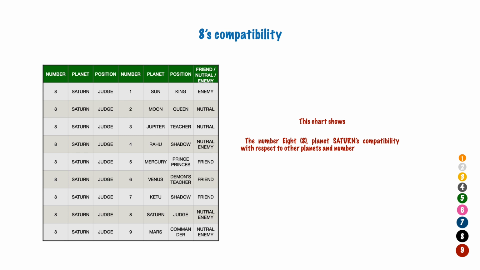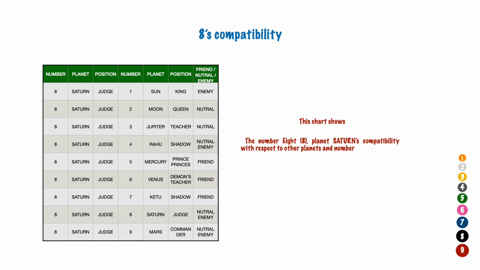Number 8 and number 8, very interesting. Could be neutral, could be enemy, but it could be also friend at times. So remember, single 8 in the chart might not appear to be good, whereas 8-8 as a pair is good for bringing more money.